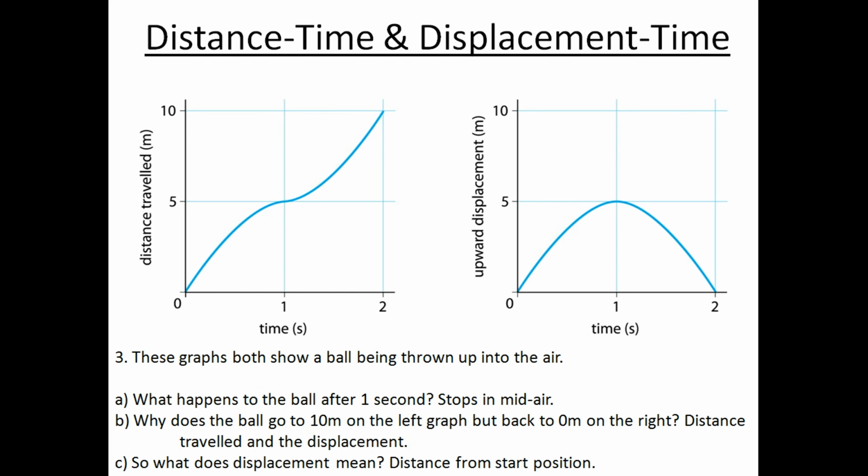On the left graph, it shows the distance travelled, the total distance travelled. On the right, it's showing the displacement. So, what does displacement mean? It's the distance from the start position. The total displacement is 0 because the ball has been thrown up and it's fallen to exactly the same spot. Distance travelled, it's gone up 5 meters and then it's come another 5 meters back down, which is 10 meters.